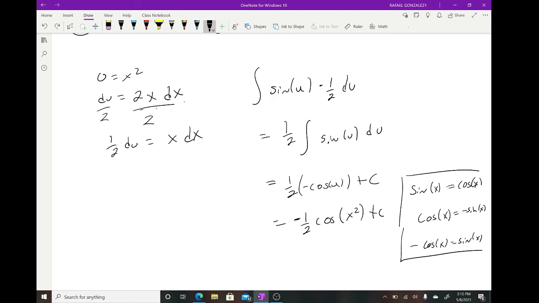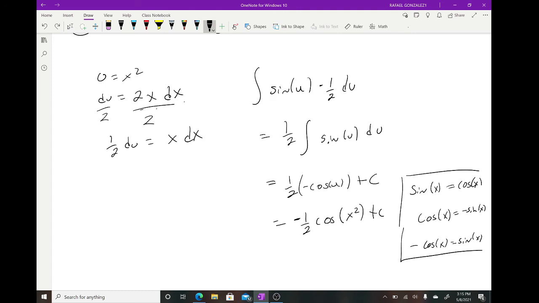You can expect to see problems on continuity. You can expect to see problems that will have you use the fundamental theorem of calc and the second fundamental theorem of calc. You can expect to see problems that use the limit techniques that we have found, the plug-in method, limits at infinity, infinite limits, the squeeze theorem.